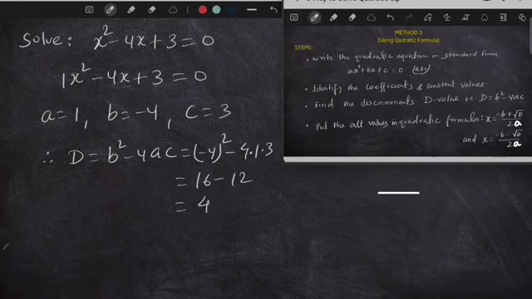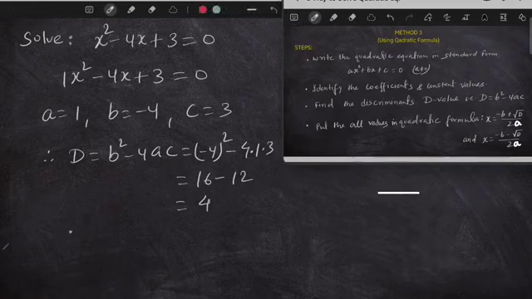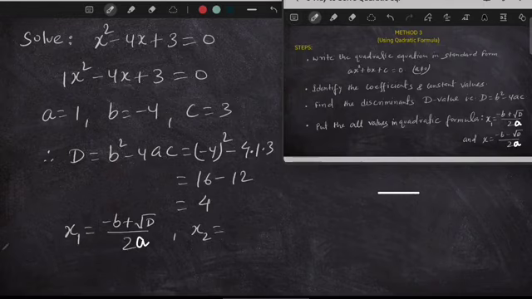So 16 minus 12 is 4. Now the next step is to put all values in the quadratic formula: x equals minus b plus or minus root D over 2a, giving the two values x1 and x2.